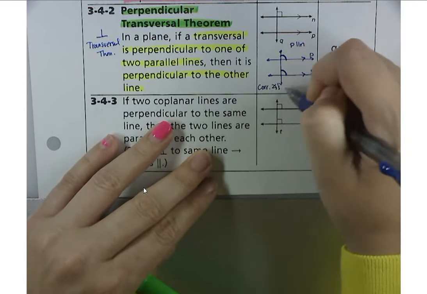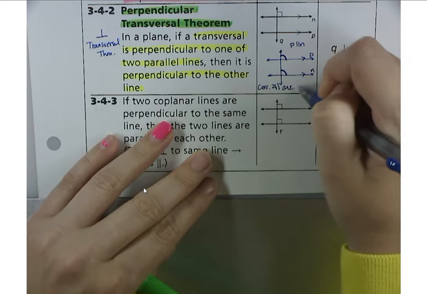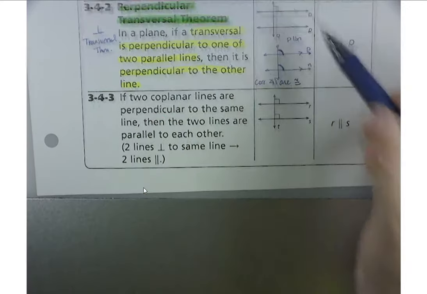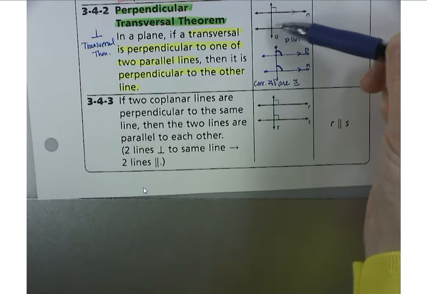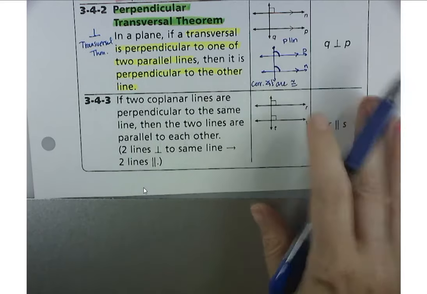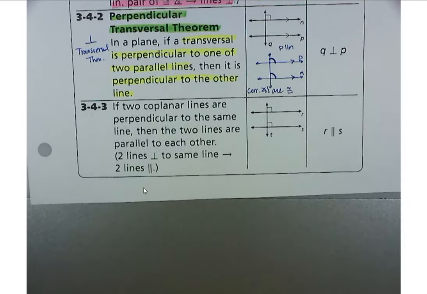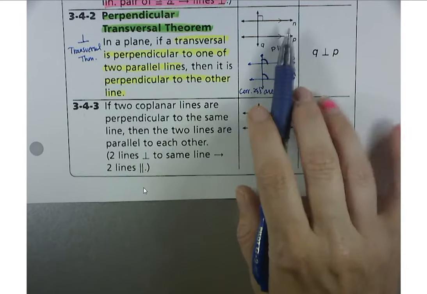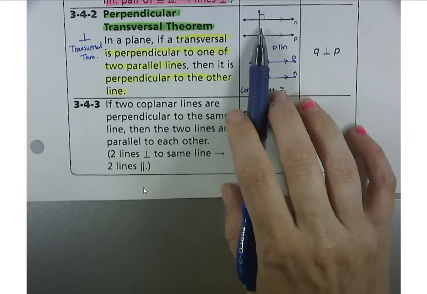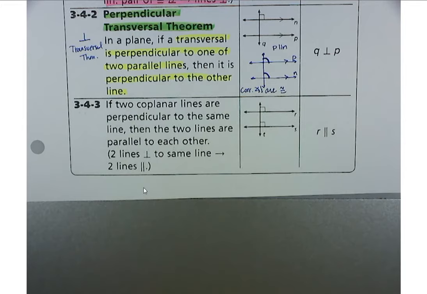Yeah, corresponding angles are congruent. So if this is a 90-degree angle, because these are parallel, this one also has to be a 90-degree angle, which means that Q is also perpendicular to P. Notice that it just says Q is perpendicular to P. It doesn't say N is perpendicular to Q. That's something that would already be understood.